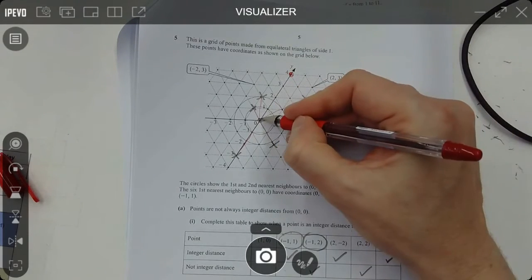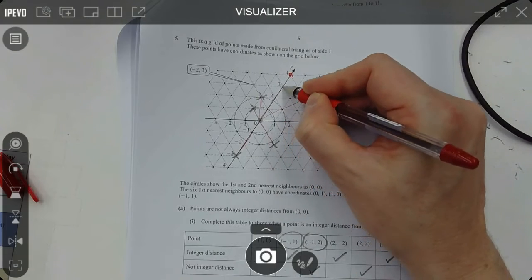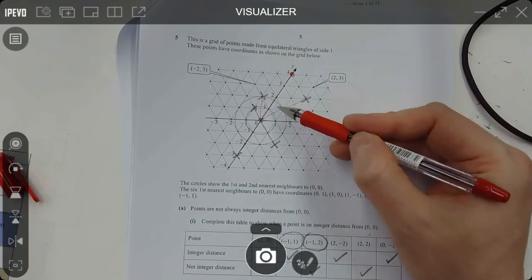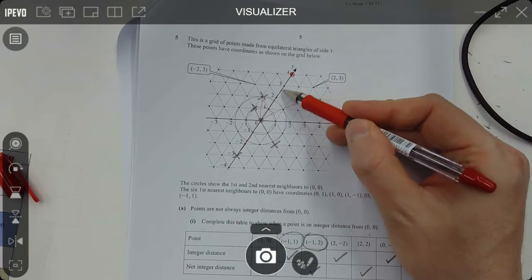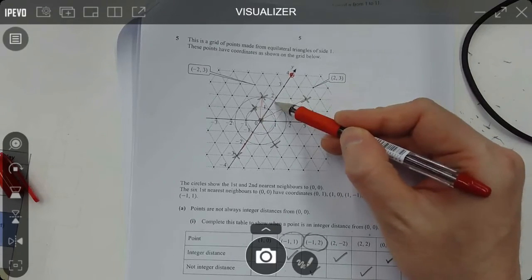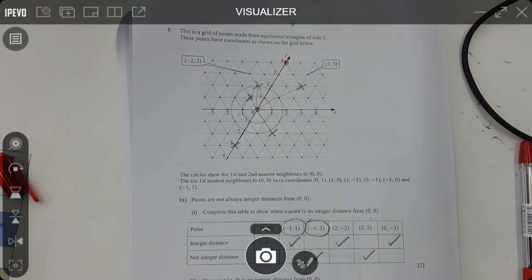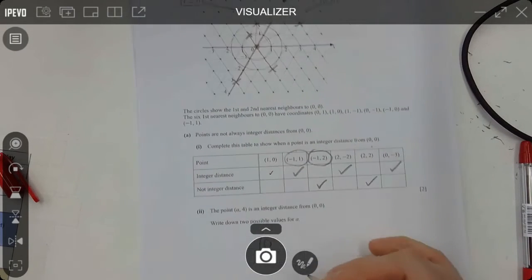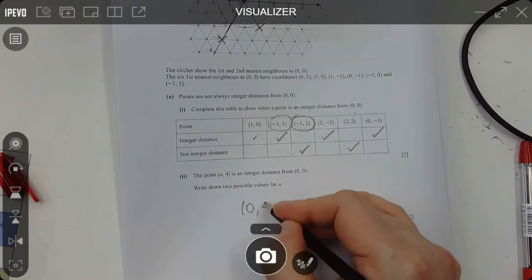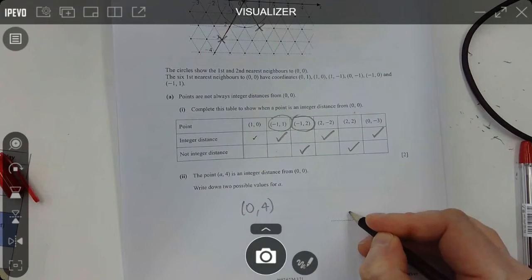So 0 for x and 4 for y, it's definitely going to give you a whole number one. It goes all along the lines of the equilateral triangle, and each one of those units is 1, so it'll be 4 units. So very much an integer distance. So the first one then is going to be 0, 4. So the value of A then is 0.